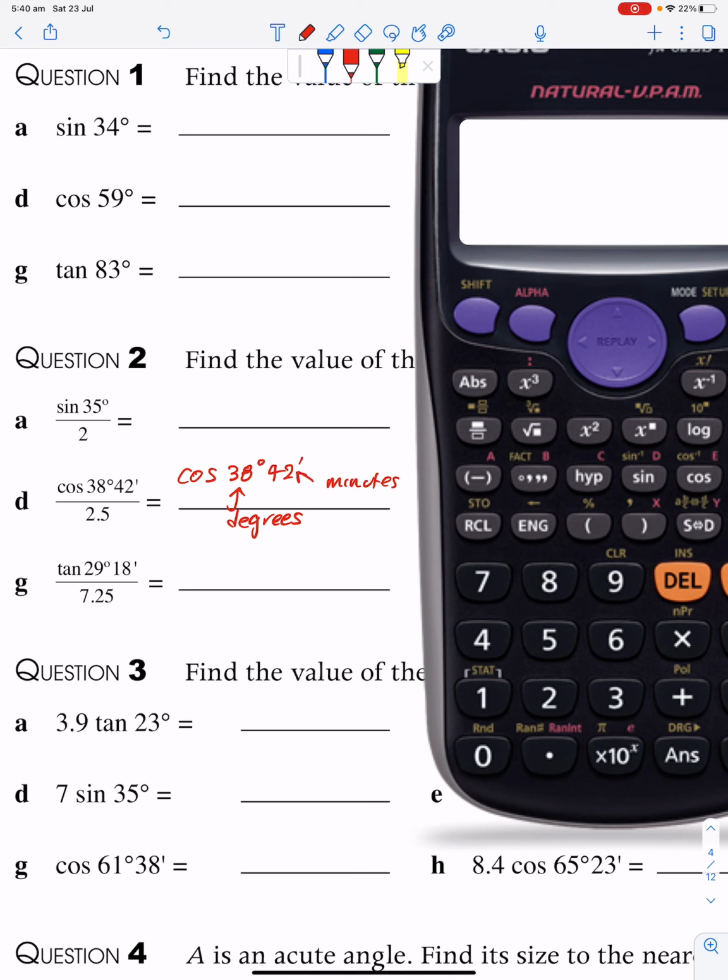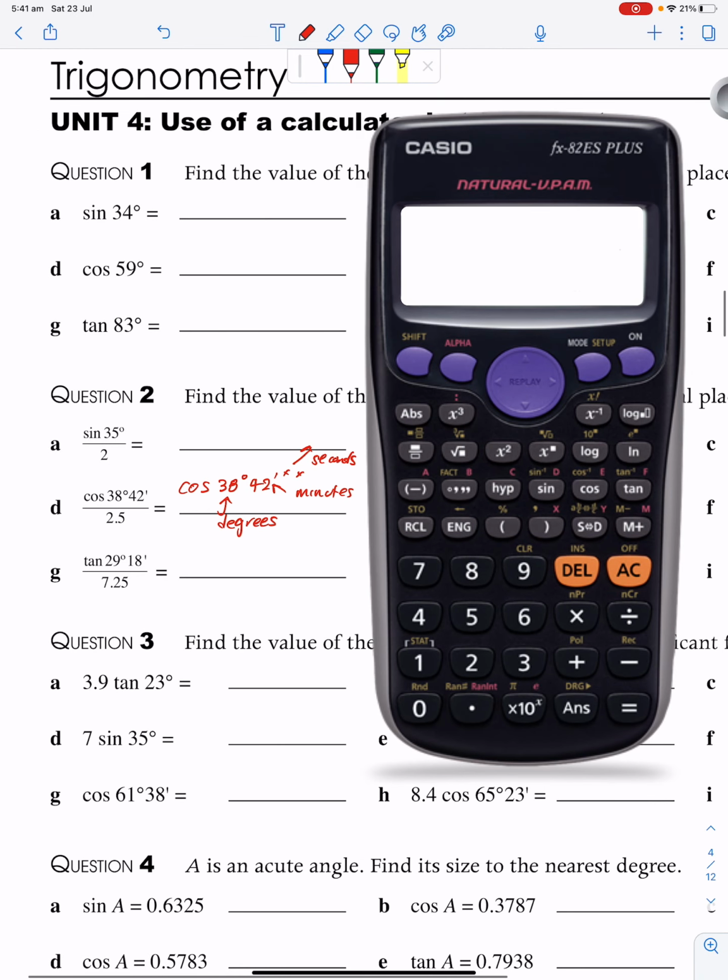Okay? And if there's any other numbers afterwards, that's seconds. Now, if you ever get a question that says round off to the nearest degrees or minutes, I will explain that a little bit later, but just so you know, in angles, you've always been taught degrees, but we also have minutes that we deal with as well. For now, just focus on this, please, and how to use the calculator.